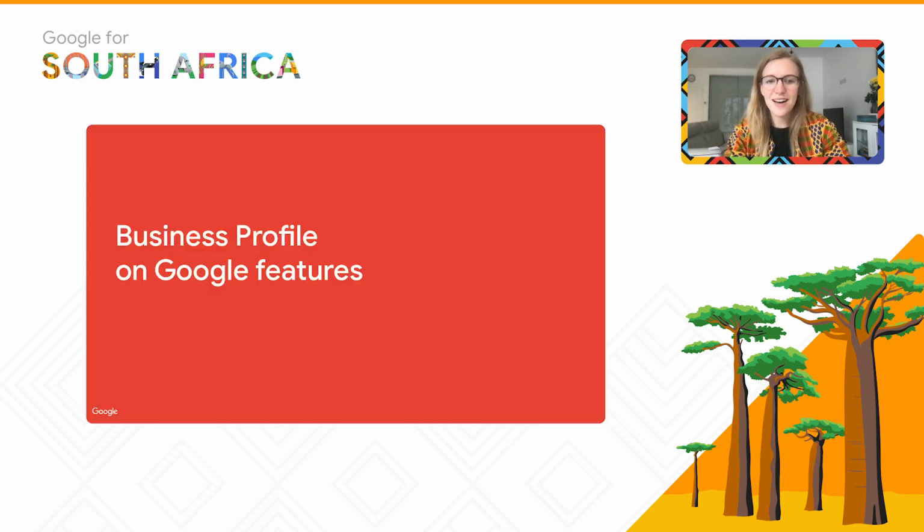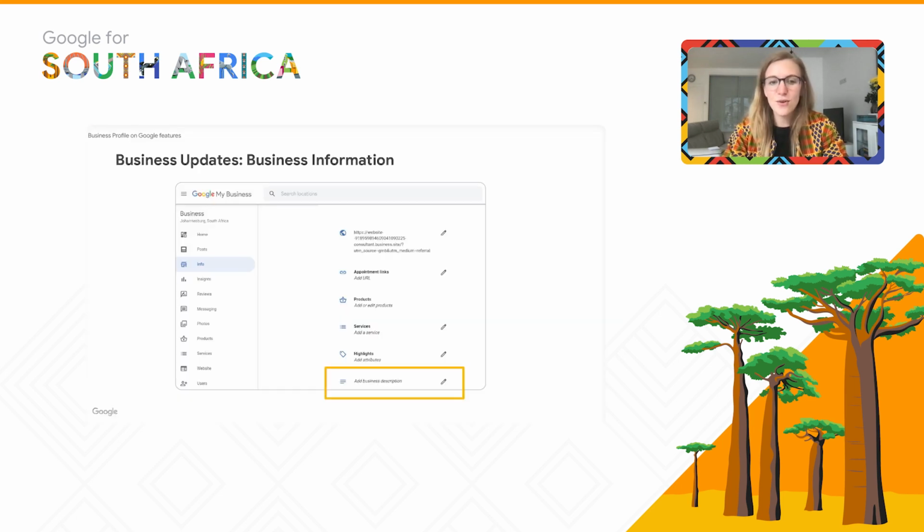At this point, I'd like to look at some of the features on the Google Business Profile that you as a business owner can take advantage of. So firstly, in order for you to stand out, it's important that your business profile has up-to-date and complete information about your business.